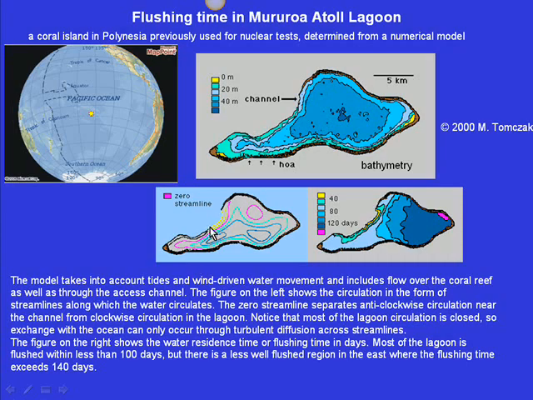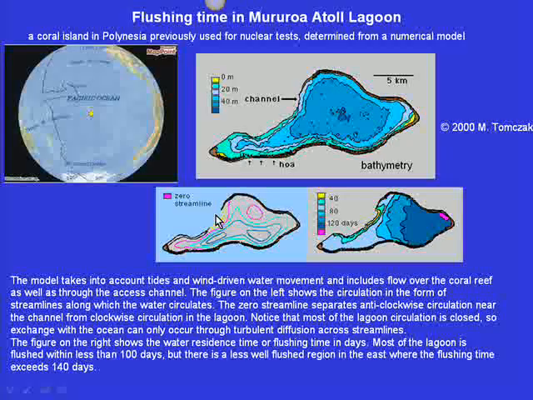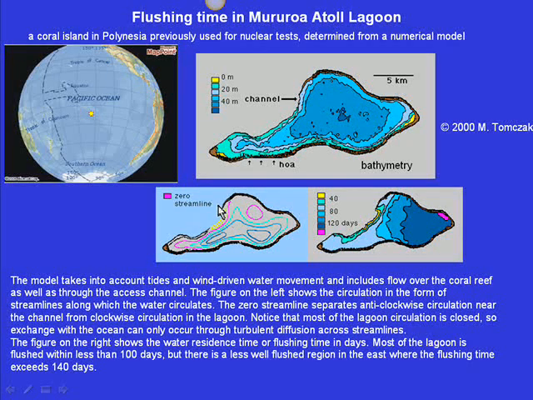The yellow streamlines mean that the flow is counterclockwise. So right here near the channel, the water recirculates in a counterclockwise fashion, and around these streamlines, the water goes clockwise. So the general circulation in the lagoon is like that, if you follow those streamlines.